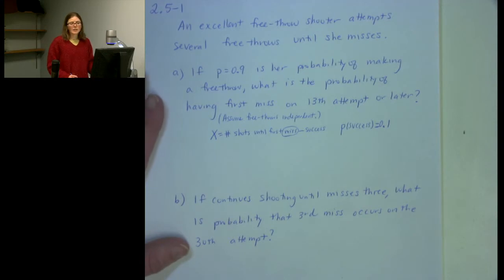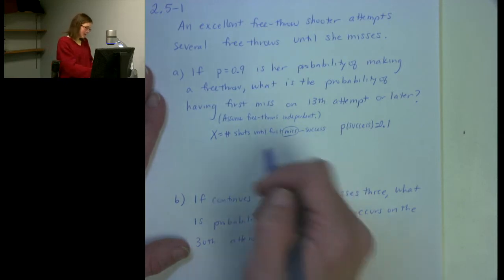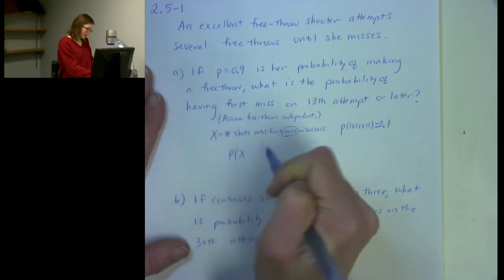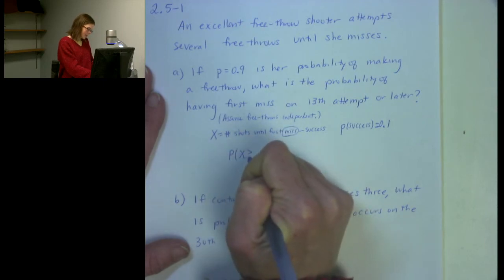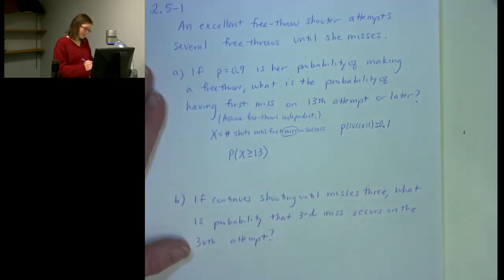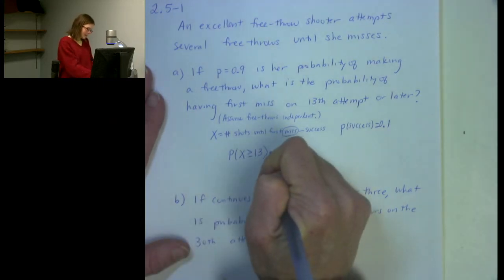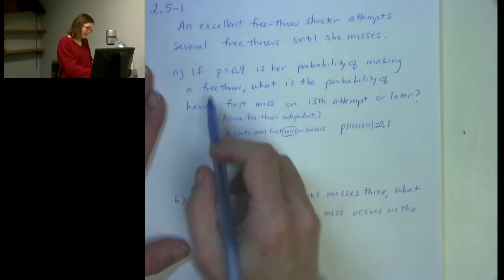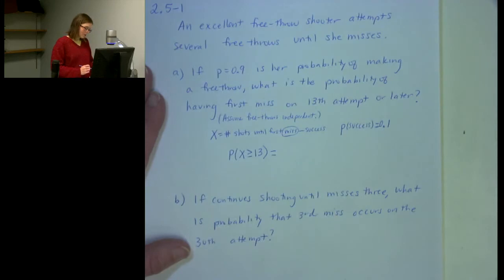Last week I talked about finding cumulative probabilities and probabilities that X is greater than a particular value with a geometric distribution. Essentially, the probability that it's at least 13 shots until she misses is the same as the probability that she makes the first 12 shots.